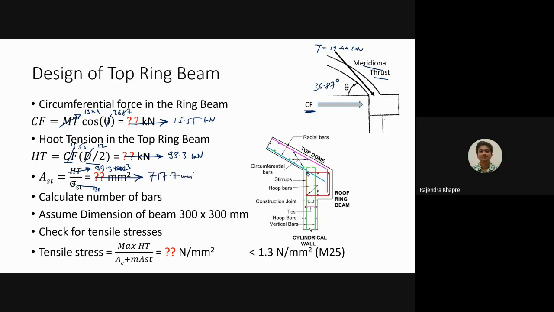717.7 millimeter square. Now since this is a beam, we have to provide minimum 4 number of bars. We cannot provide bars below 4.